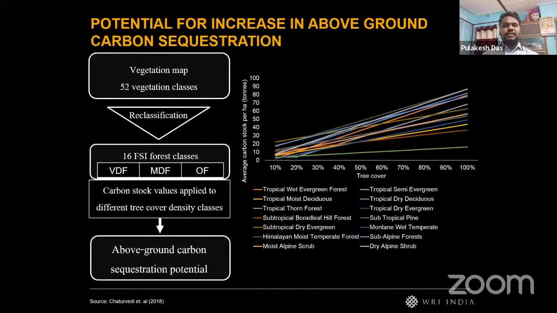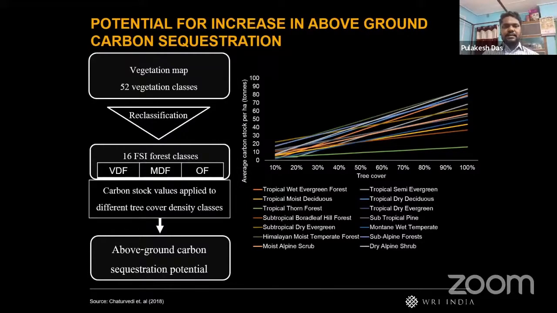Similarly, we have also tried to estimate the potential for above ground biomass. So if we plant trees or improve the tree cover, how this can improve the carbon sequestration potential in India. So this will help in achieving the NDCs or zero carbon emission targets. So here we have taken the India vegetation type map and the FSI forest density classes and the type of forest, and their above ground biomass equations.